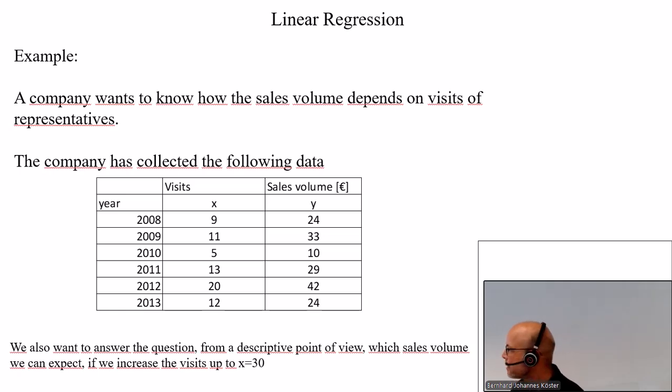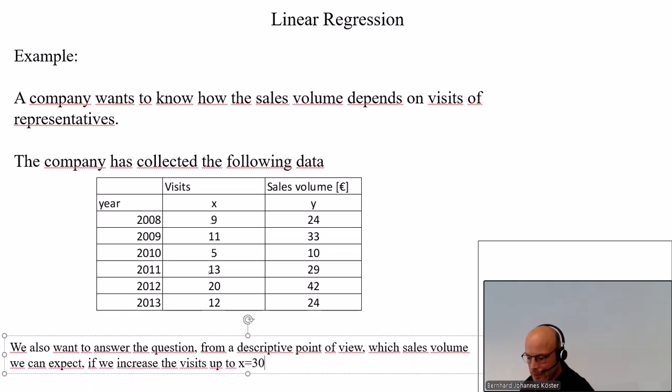The manager looks into his data, and then he found, well, in 2008 we had 9 visits, and this has created a sales volume of 24 euros. In 2011 we had 13 visits, and there we had a sales volume of 29 euros.